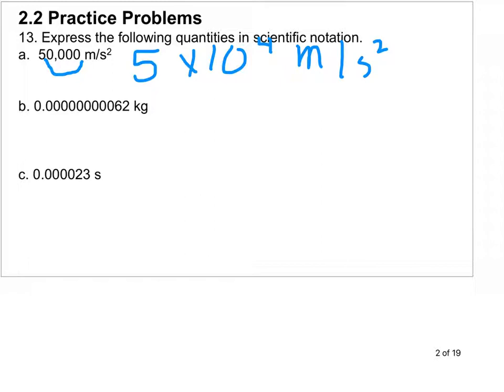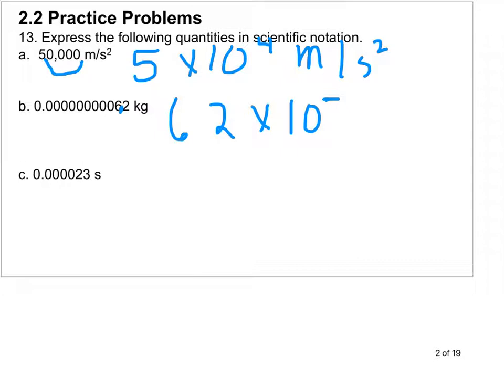A little tiny number here. When I get our decimal down here between the 6 and the 2, those will be our sig figs we'll keep. 6.2 times 10, it's got to be a negative because we've got this little tiny number. On these 0 point numbers, an easy way to handle it is just count the zeros. It'll always work.